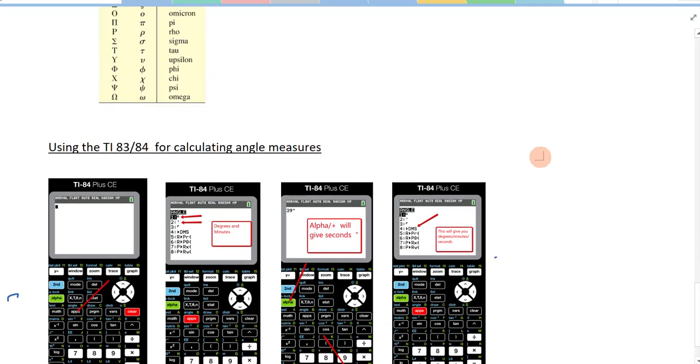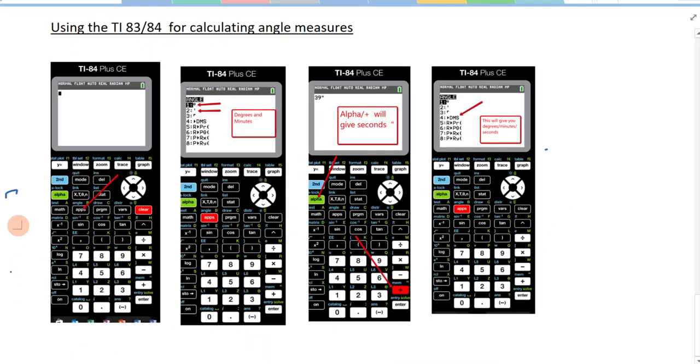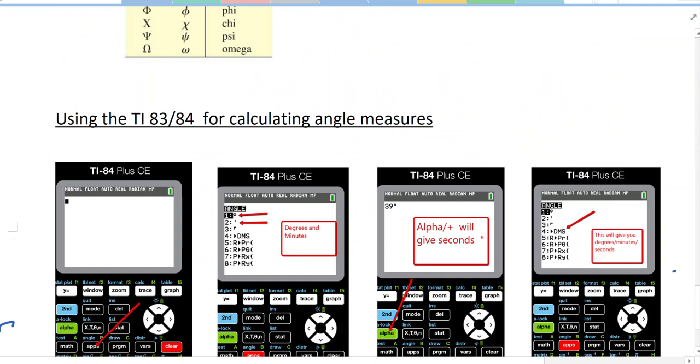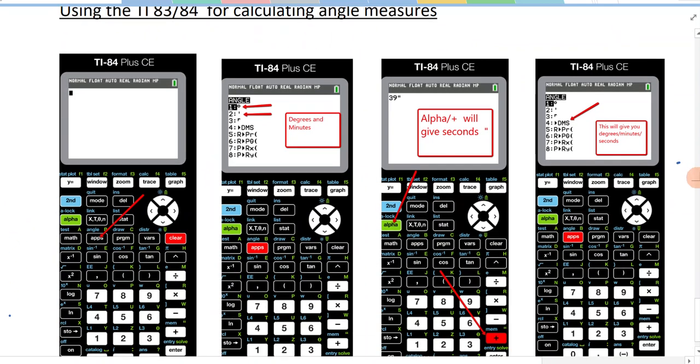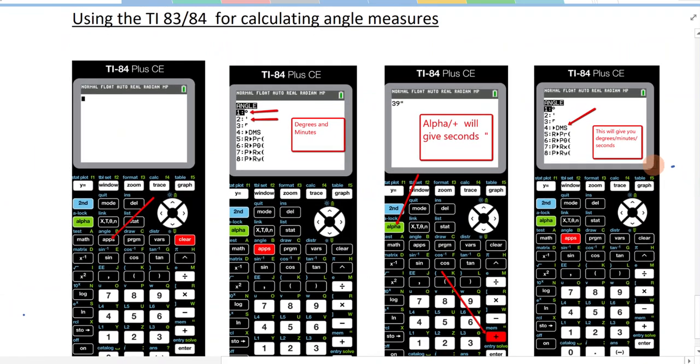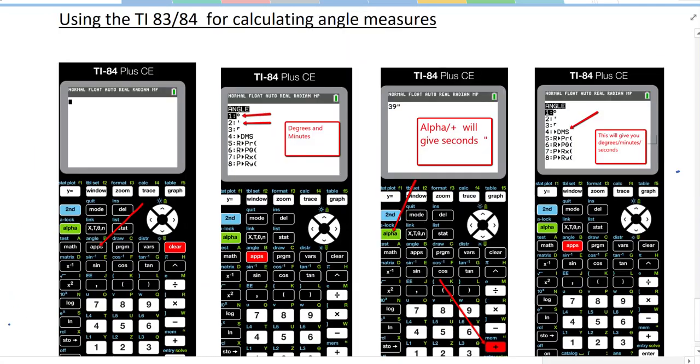Now, you may be using your calculator, and I put some screenshots of the calculator for different things. When you're calculating angle measures, there is a button right here, the arrow shows you, and above that it says angle. So if you hit second and the apps key, it gives you this menu.